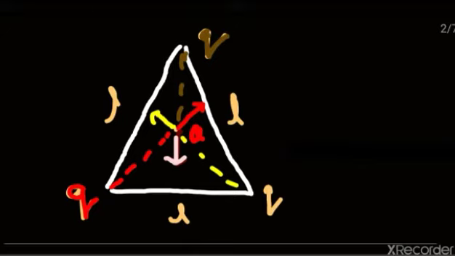You can clearly see that this downward gray vector is the force due to this gray charge, whereas this red force is due to this charge q, and this yellow force is due to the charge q at the third vertex. These are the three forces acting on capital Q due to the three charges kept at the vertices.